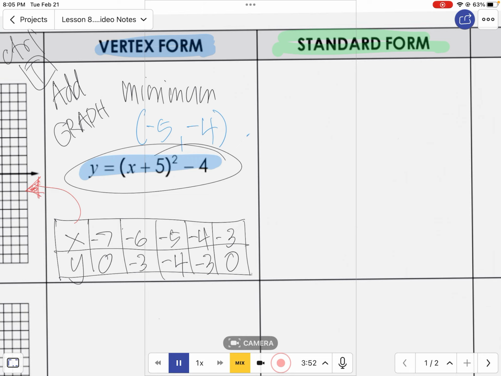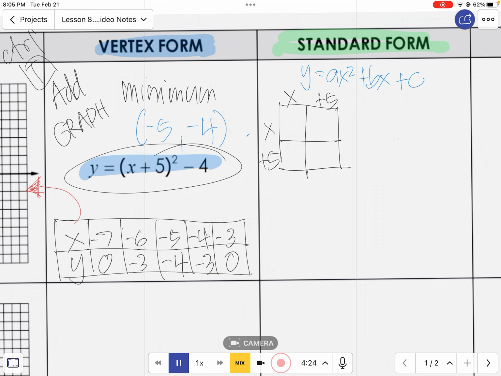Remember that the standard form is y equals ax squared plus bx plus c. Now that I know there is a parentheses squared in the vertex form, I'm going to need to use the box method. So (x + 5) squared means to multiply x plus 5 by itself.